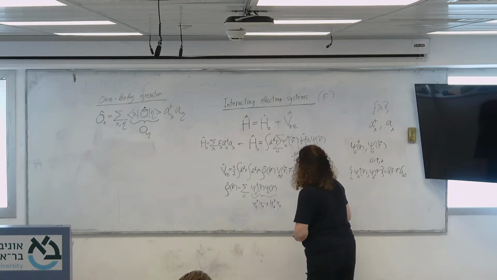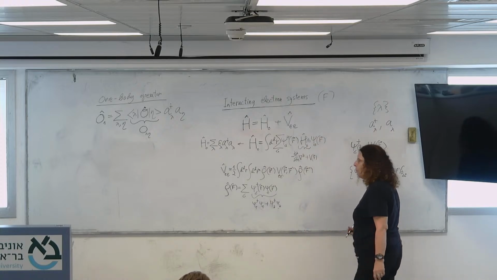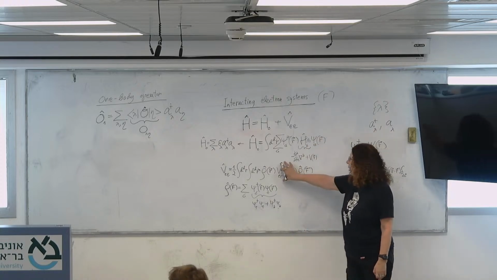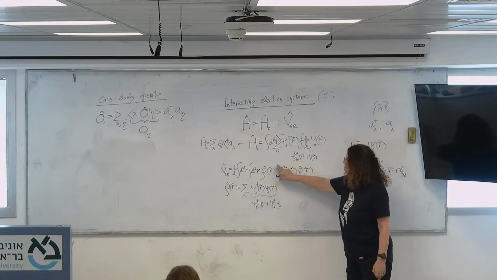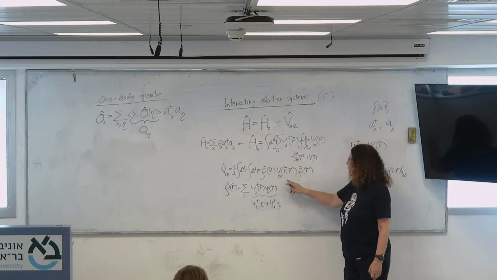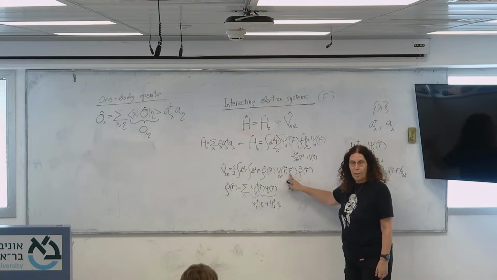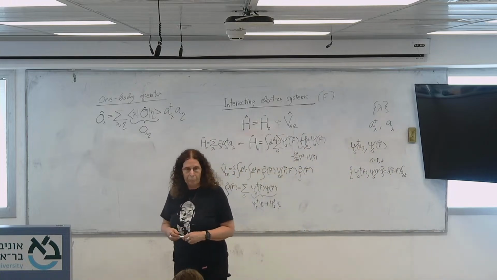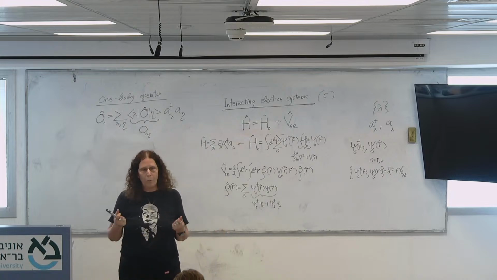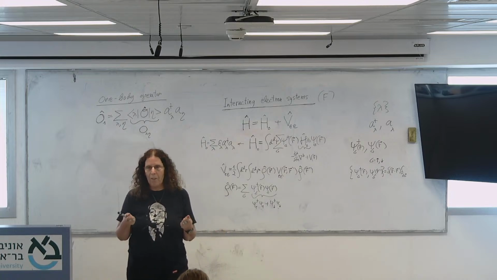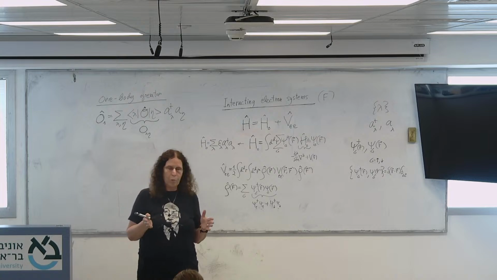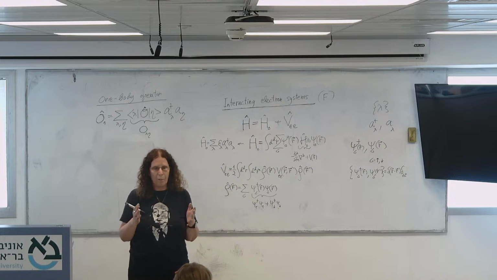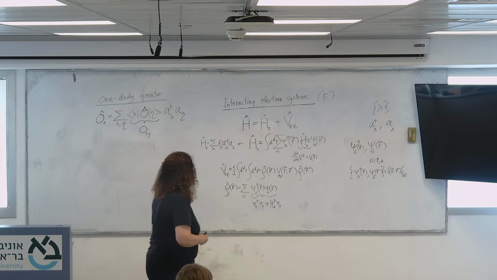And there is another assumption that in many cases you can make. I wrote the interaction here in the most general way as something that depends on two coordinates. But if space is homogeneous, then usually the interaction between the two particles depends on the distance. That's only true if you have translation invariance, if you are in a homogeneous space.